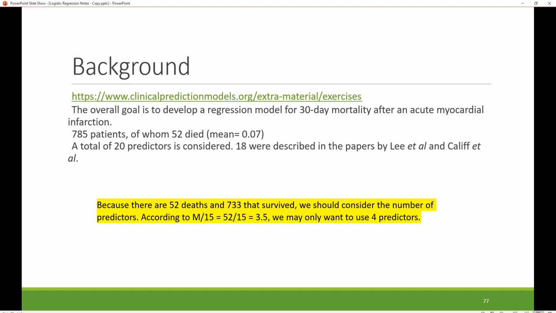What we're going to cover in this session is we're going to review the importance of overfitting. Overfitting happens when we use too many predictors, too many variables in our model, and that leads to predictions that are less likely to hold up over time. So we have to be really careful about how many predictors we use.